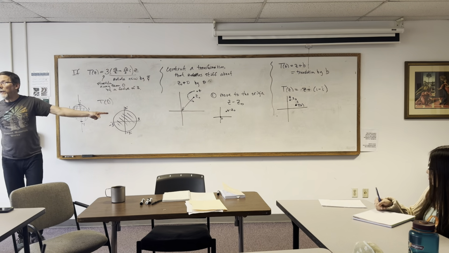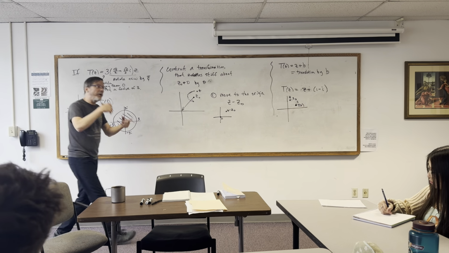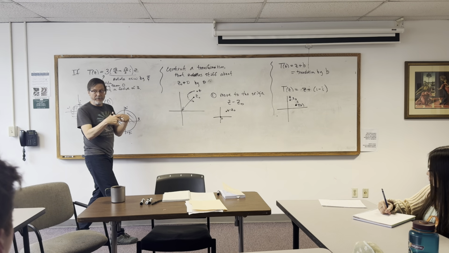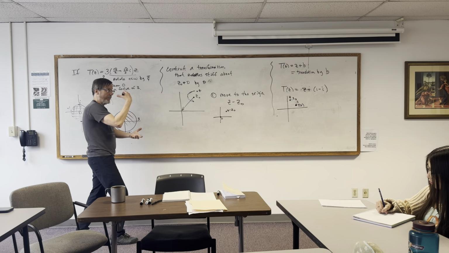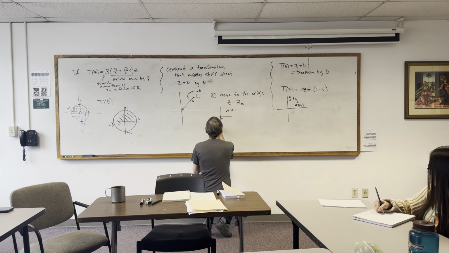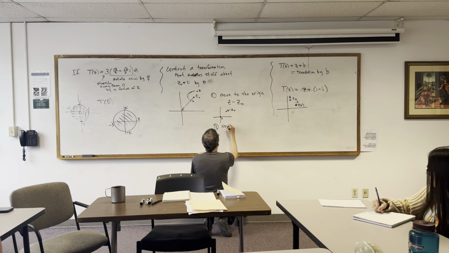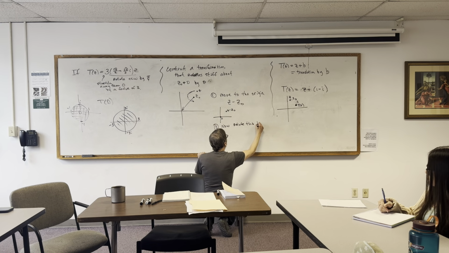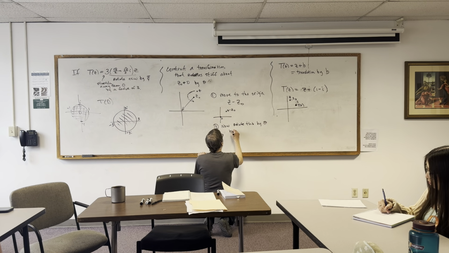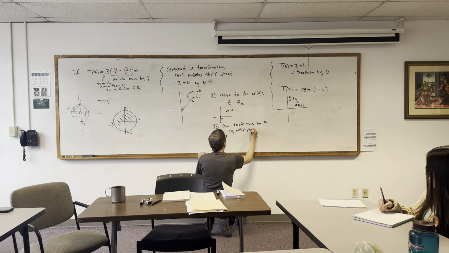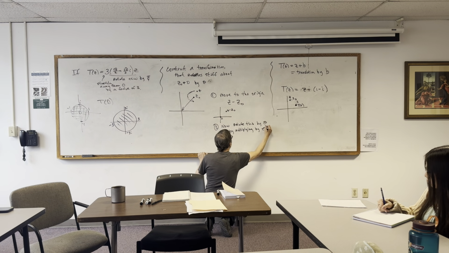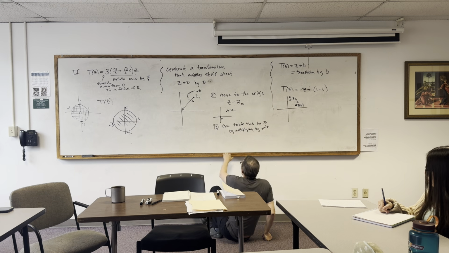Now I can rotate. So now I'm just going to multiply by e to the i theta. And that's going to rotate me by theta. So step 2 is now rotate this by theta by multiplying by e to the i theta. So let's keep track of that, because that's all in parentheses.